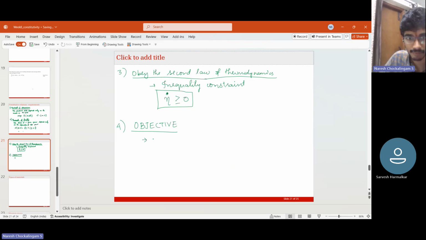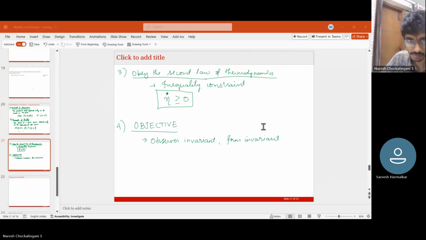So it should be observer invariant and form invariant. So this is absolutely required.